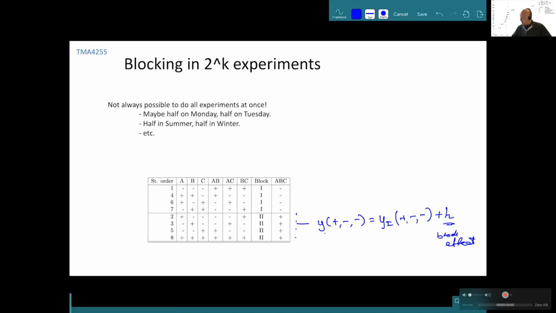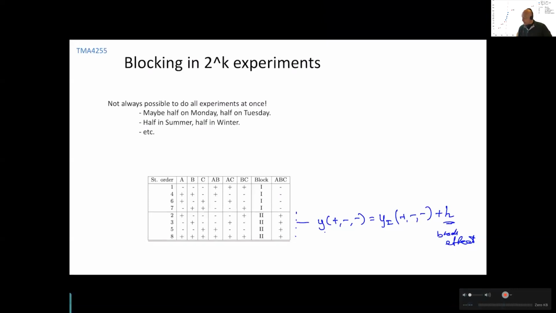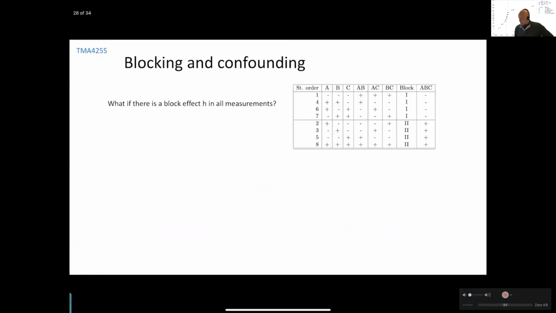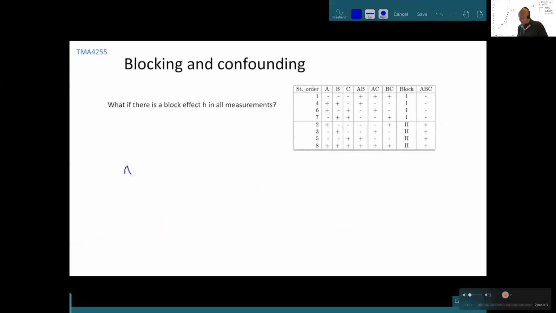So why is this happening? Well, what happens is that if we in this case take A hat, what was this? It was average high minus average low. And when we compute this, first for the high ones, it's this one, this one, this one, and this one.